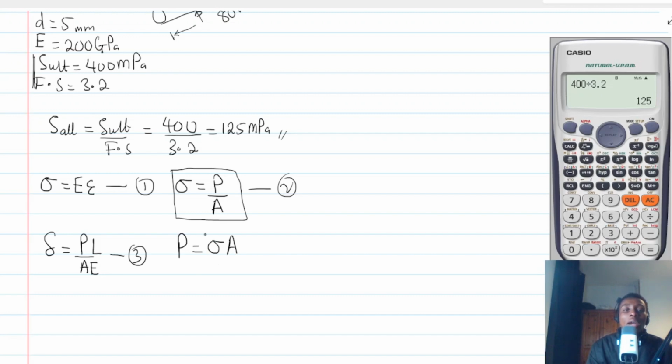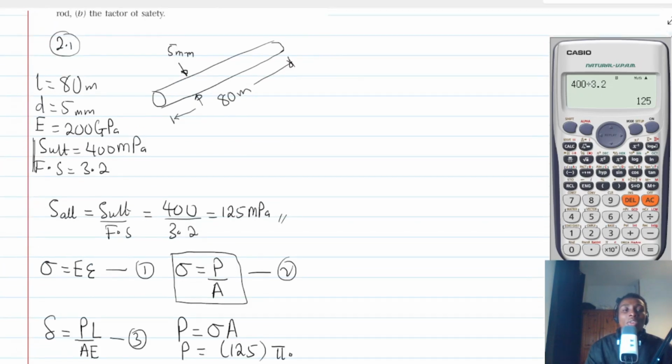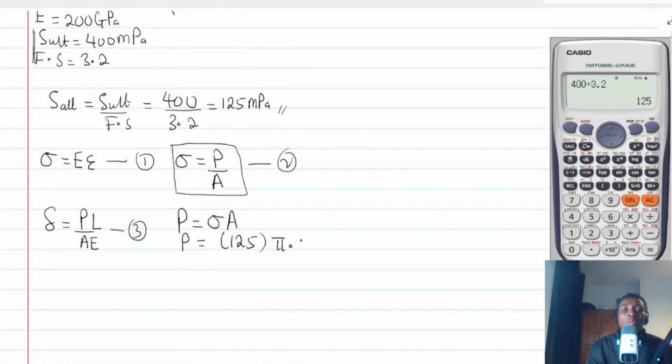So we have P as 125 megapascal multiplied by pi, and the diameter was 5 mm, so pi d squared, which is 5 squared, over 4.